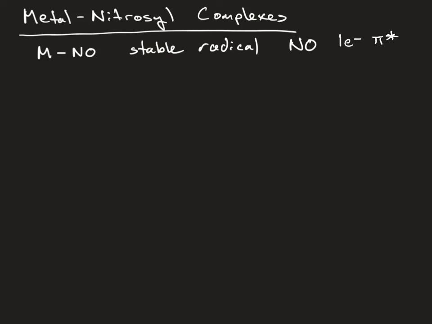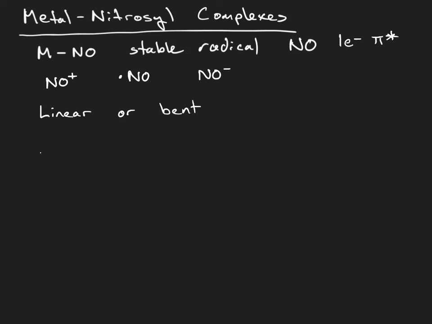Because of this, NO can bind to a metal center in one of three different oxidation states. It can bind to it as NO+, it can bind to it as the neutral NO, in which case we'd call it an NO radical, and it can bind to it as an anion, NO-. Depending on the oxidation state of the NO ligand, it can either bind in a linear or a bent fashion.